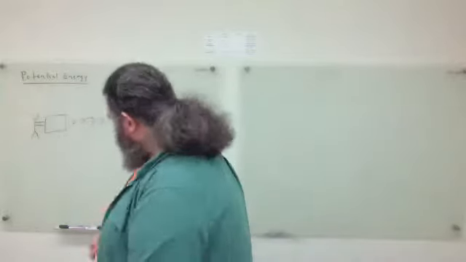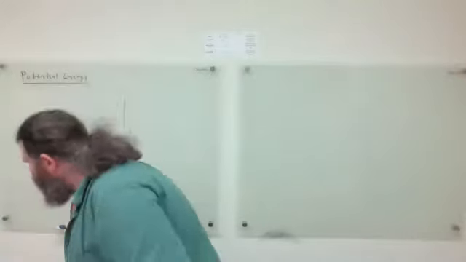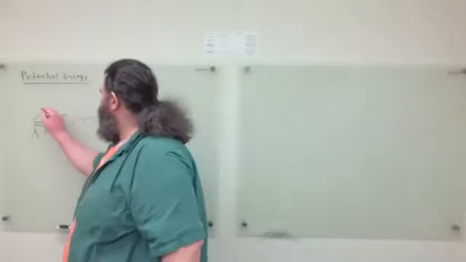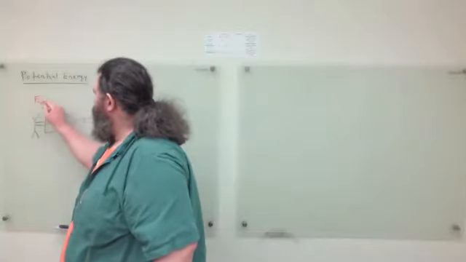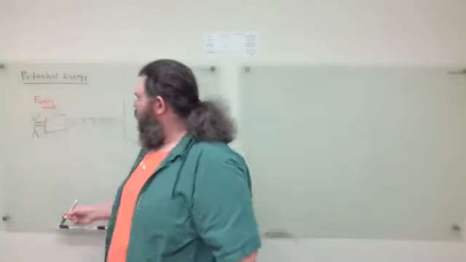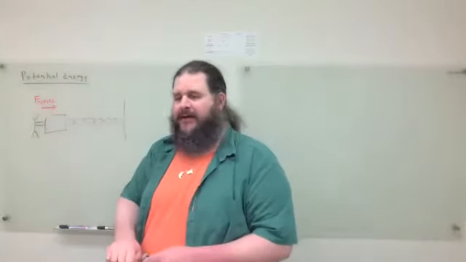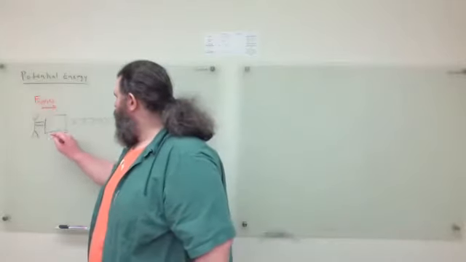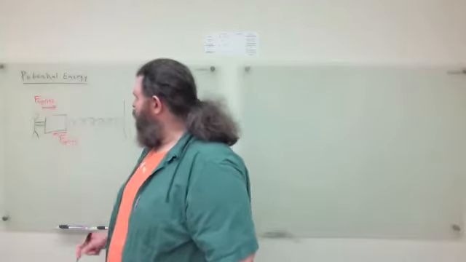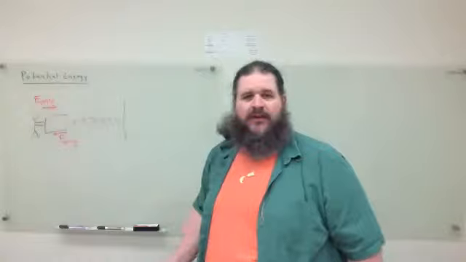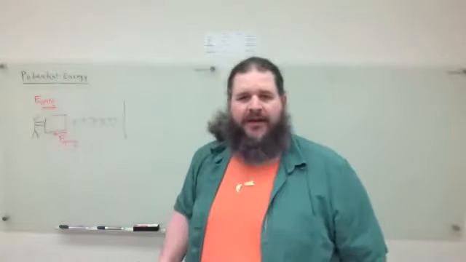So that means you're applying a force. But also the spring itself is pushing back. So you're applying a force to push this object, but the spring is pushing back against it.